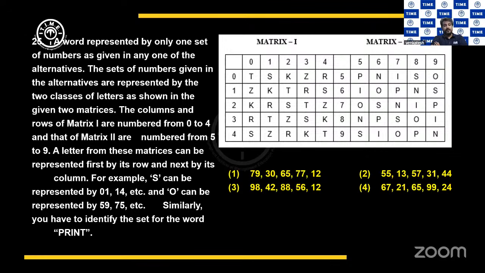The sets of numbers given in the alternatives are represented by the two classes of letters as shown in the given two matrices. The columns and rows of matrix 1 are numbered from 0 to 4 and those of matrix 2 are numbered from 5 to 9. A letter from these matrices can be represented first by its row, next by its column.